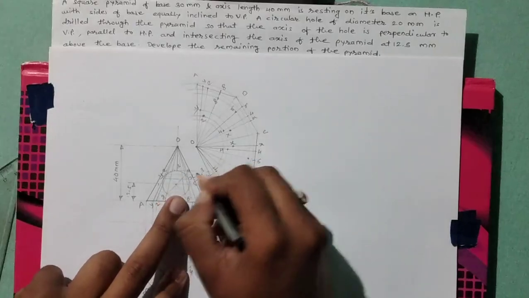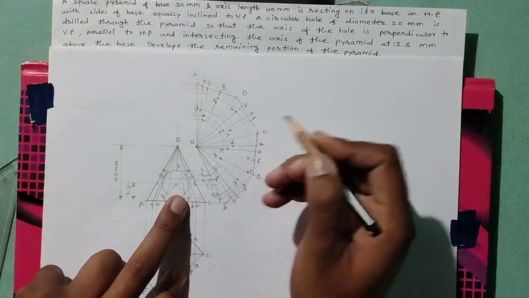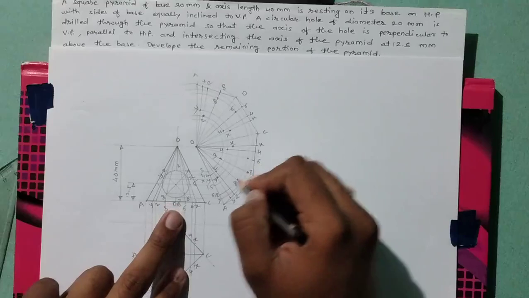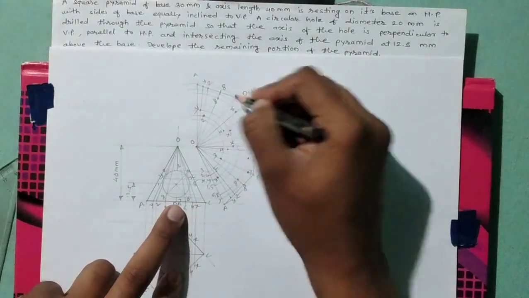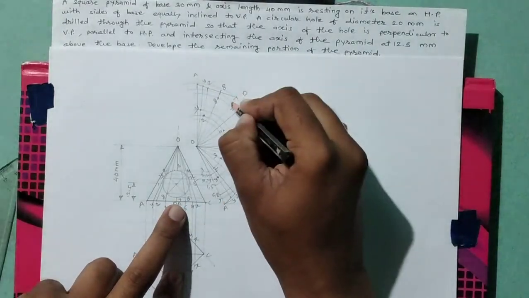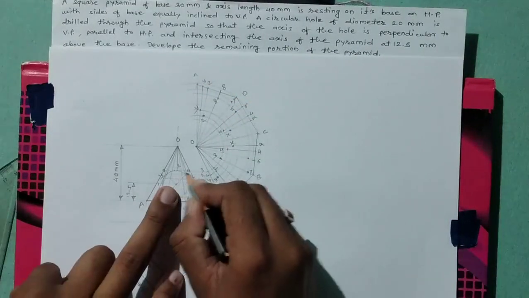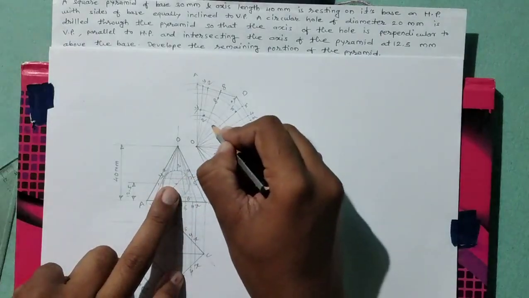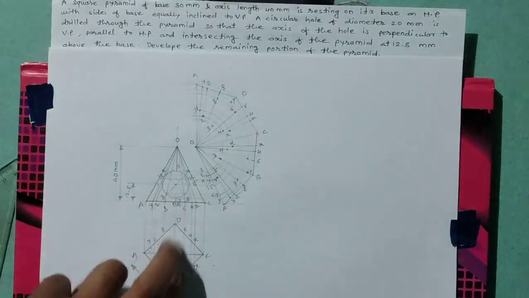Also here is the arc of point 3 here. After that, we also have to take it on the D line. Here is point 7, here will be our point 7, and here will be our point 3 at D and at B.